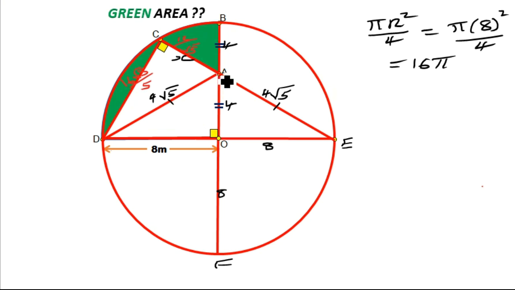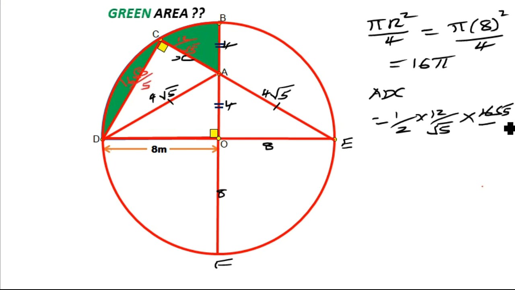Then the area of the triangle ADC. What is the area? The area is a half base times height because it is a right angle triangle. So the base and height we have 12 over root 5, a half times 12 over root 5 times 16 root 5 over 5.